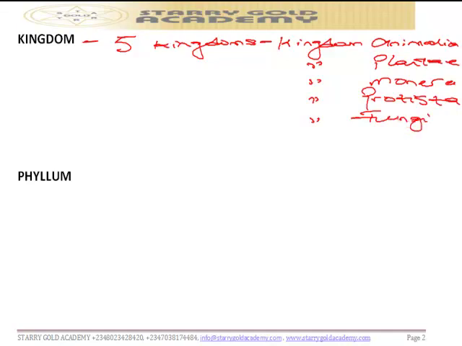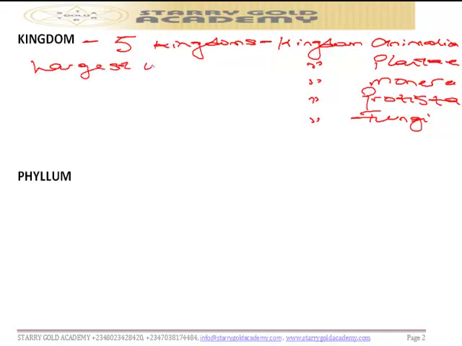Actually, the major kingdoms are just the Kingdom Animalia and the Kingdom Plantae. But we had to have these other three kingdoms because there was no way we could classify the Protista, the fungi, and the Monera as either plants or animals. So we had to create new kingdoms for them. The kingdom is the largest umbrella under which all organisms are classified.